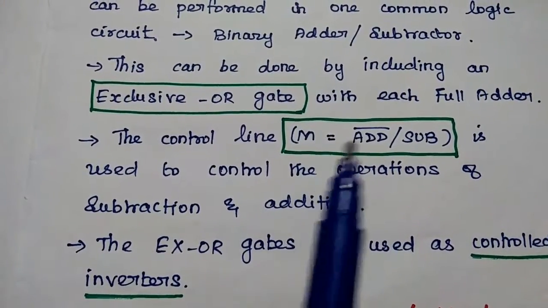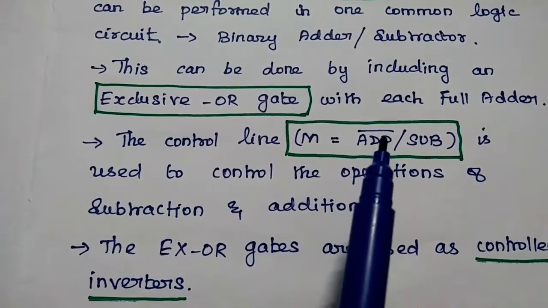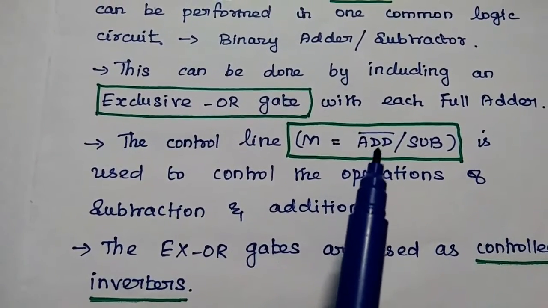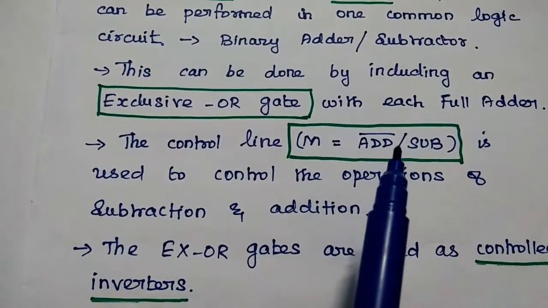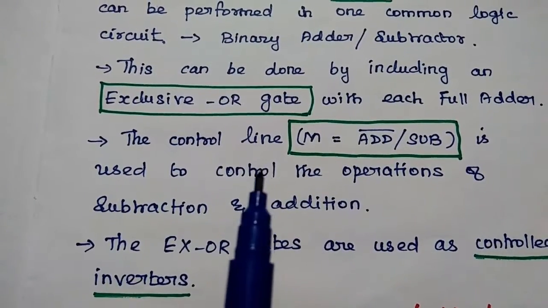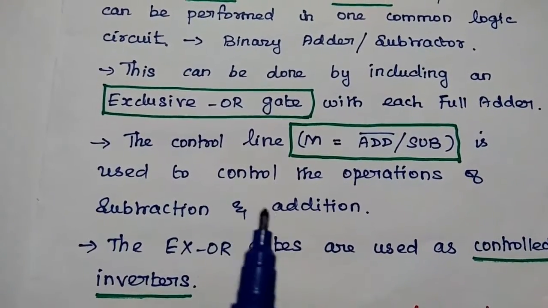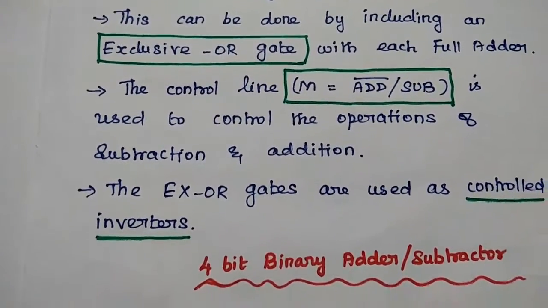If M is equal to 0, it can perform addition operation because 0 bar means 1. So addition can be done. If M is equal to 1, subtraction can be done.